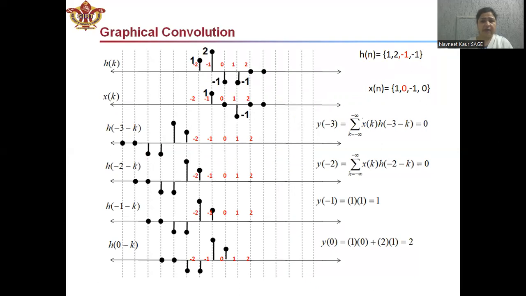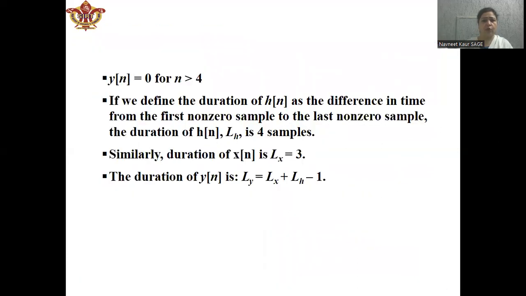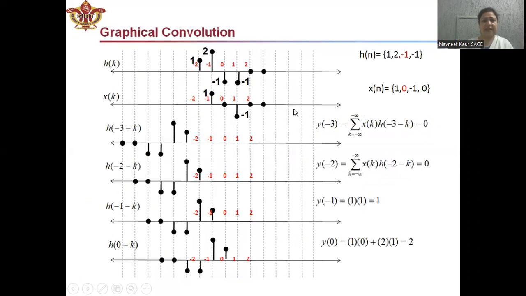For that, one more thing I need to know is how many samples will be on the left-hand side of n equal to 0 and how many on the right-hand side. If the number of samples on the left-hand side of the first sequence is L, and in the second sequence is M, then the number of samples in the convolution sum on the left-hand side will be L plus M. Here the number of samples on the left-hand side in the first sequence is 2 and in the second sequence is 1.